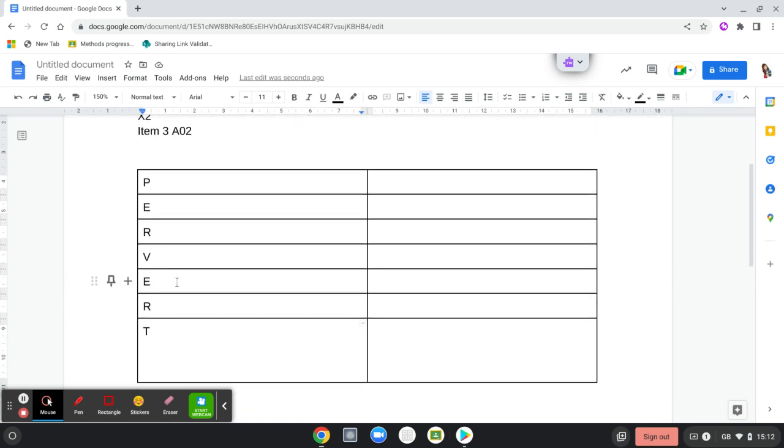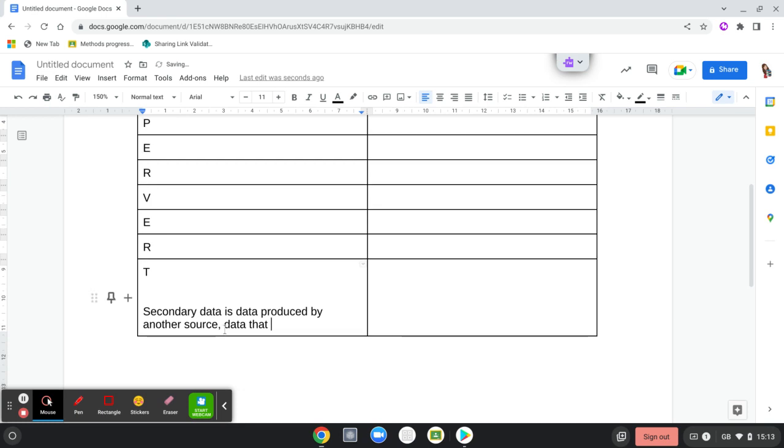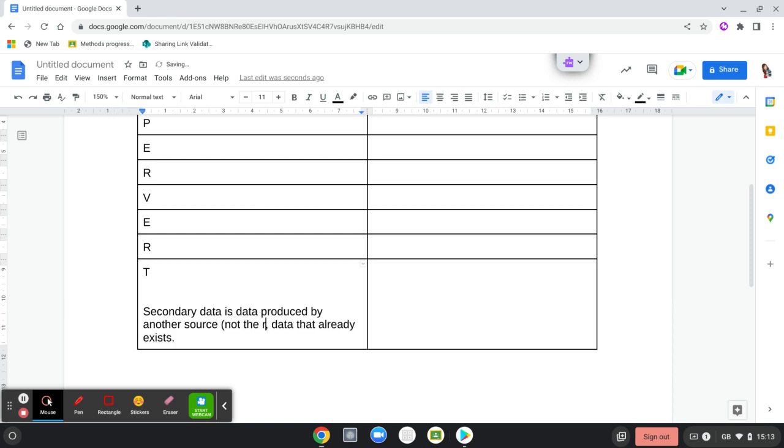Secondary data is data produced by another source, so not the researcher.